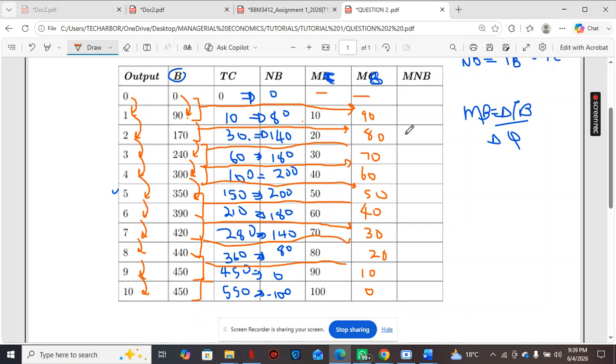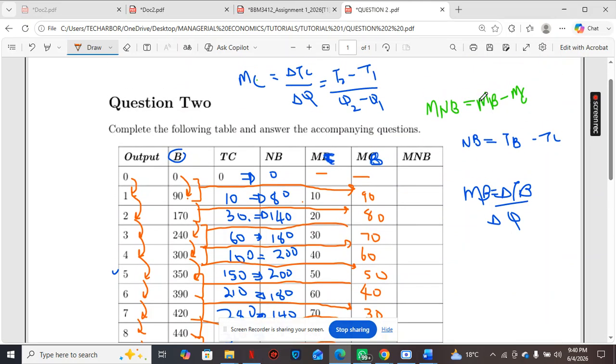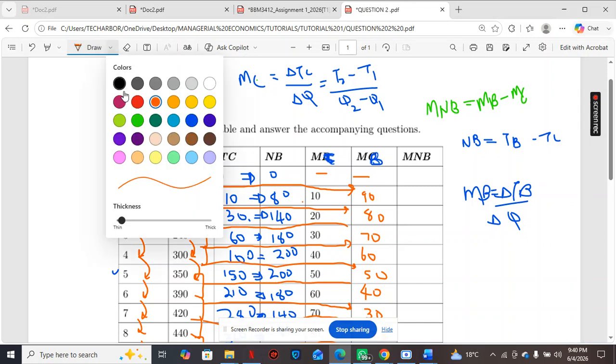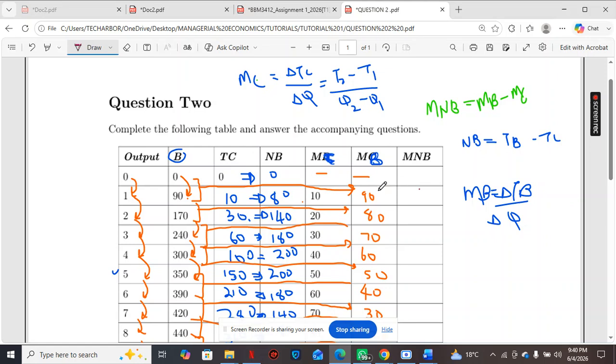Then the marginal net benefit is the marginal benefit minus the marginal cost. Okay, marginal benefit minus marginal cost. So you're going to say our marginal benefit 90 minus our marginal cost 10, that is 80.